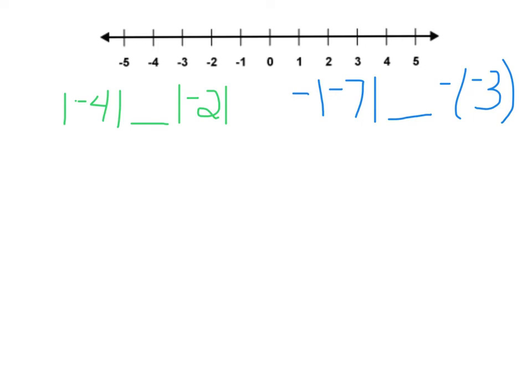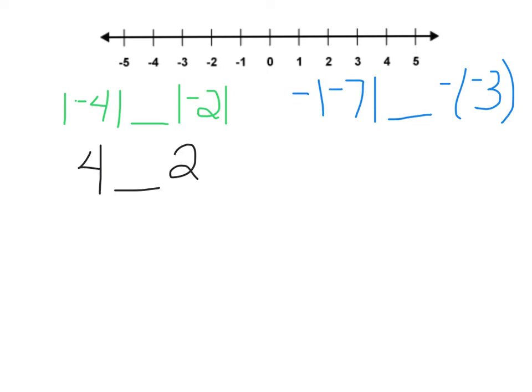So let's take a look at a couple other examples. Here we have the absolute value of negative 4 compared with the absolute value of negative 2. So we're going to do the absolute value of each one. Negative 4, that would be 4, compared to the absolute value of negative 2, which is 2.